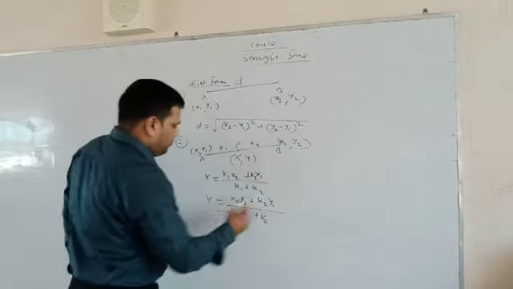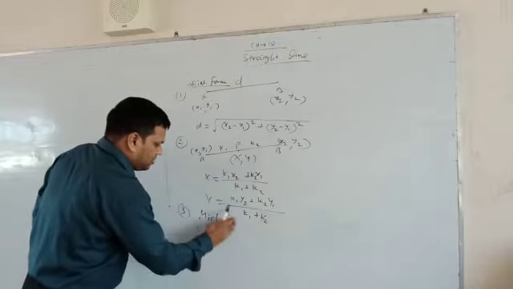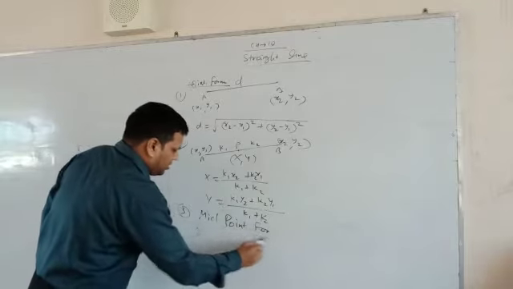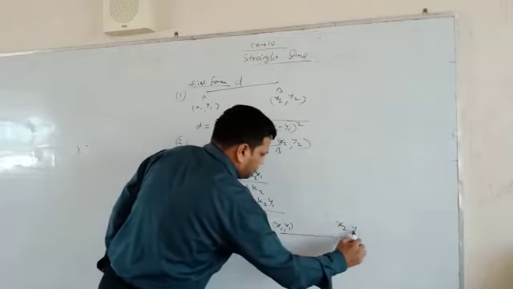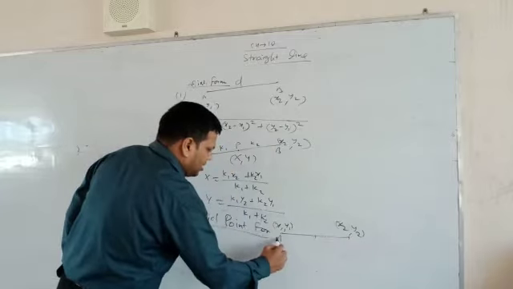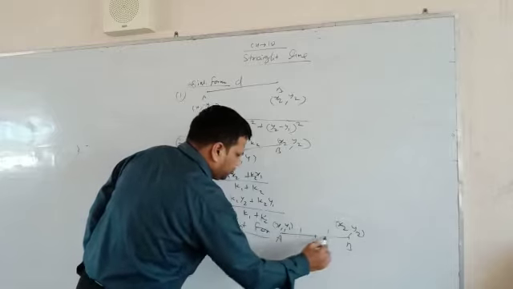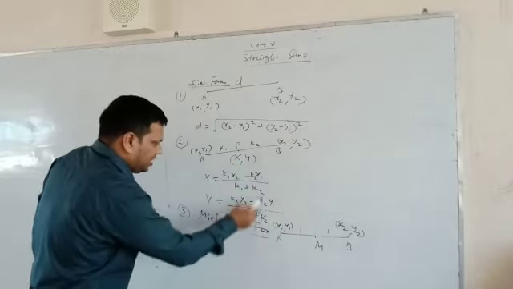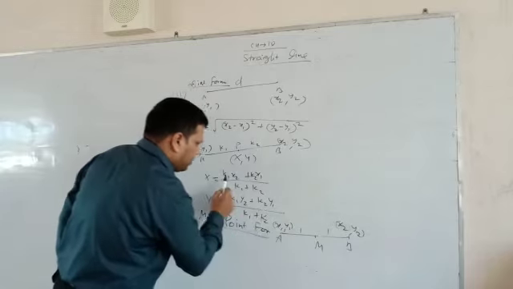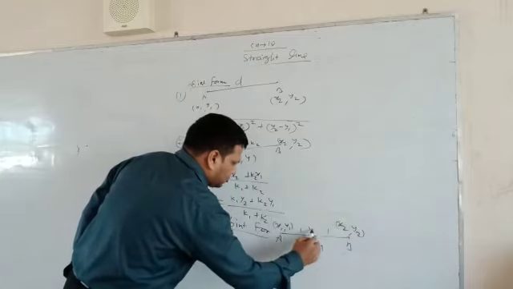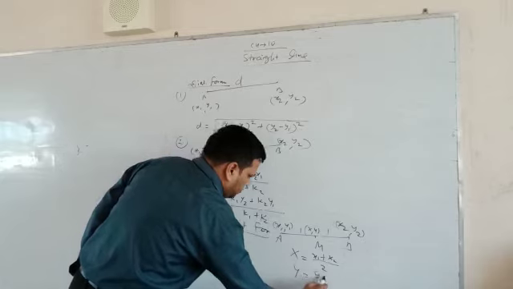Again, you know the midpoint formula. If we are given 2 points x1 y1 and x2 y2, this is A and B, this is P, and this is the midpoint, you can say M. So 1:1 is the ratio. If instead of k1 and k2 we put 1 and 1, we get x equal to x1 plus x2 upon 2 and y equal to y1 plus y2 upon 2.